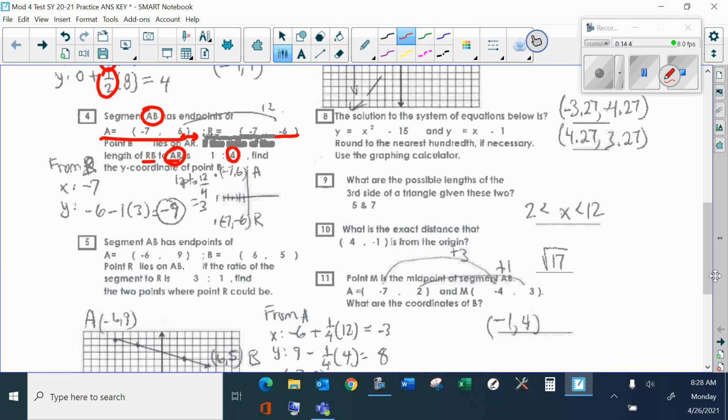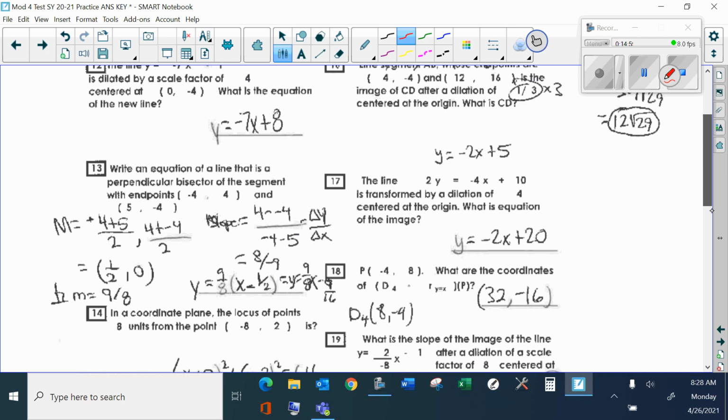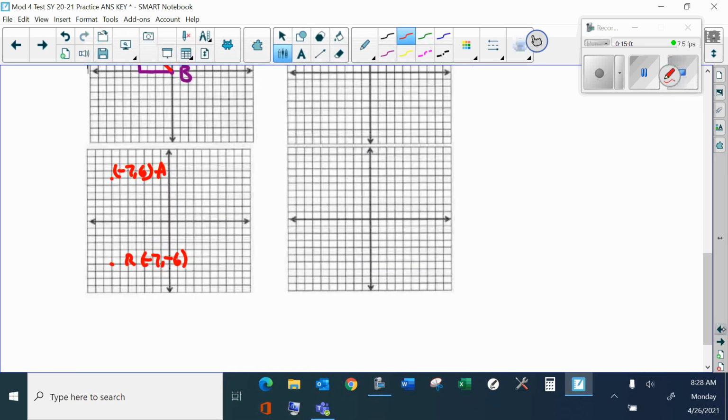We figure out that distance from A to R and divide it into four. From A to R, how far is it? From -7, 6 to -7, -6 is a total of 12, divided into 4 parts. That means it equals 3 for each part.